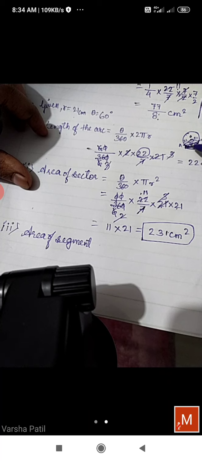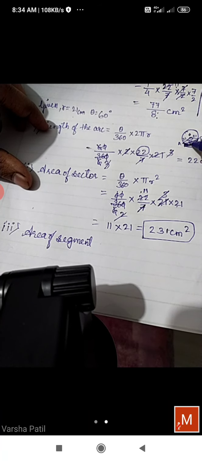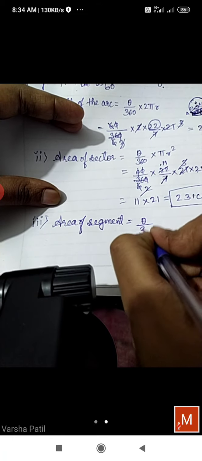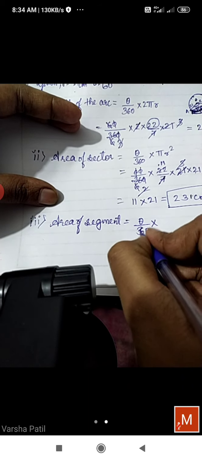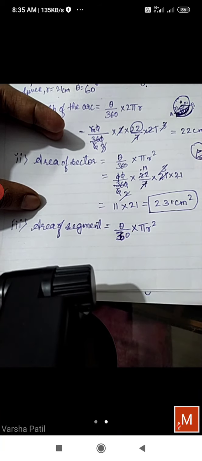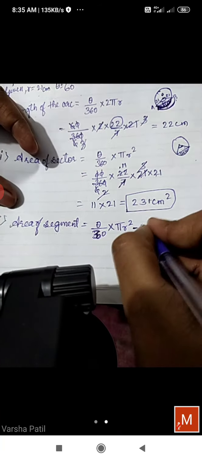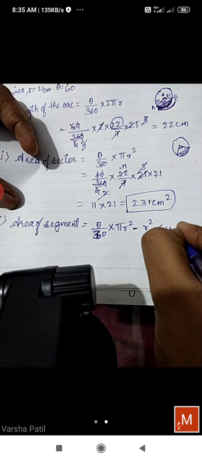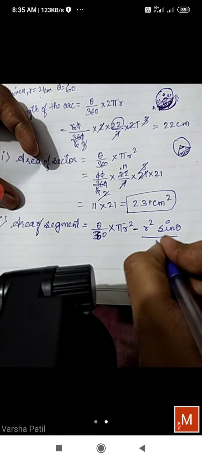That formula we are using, because to know only about this area, we are going to subtract this value from the formed region, so that we can find this region. So I will tell you the formula now. You see here, theta upon 360 into pi r square, minus r square sine theta by 2.